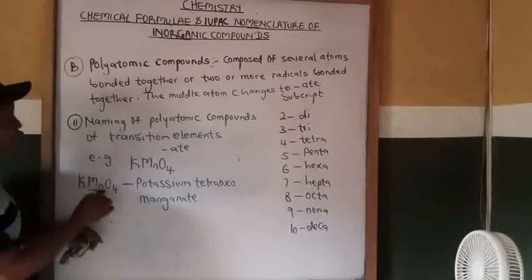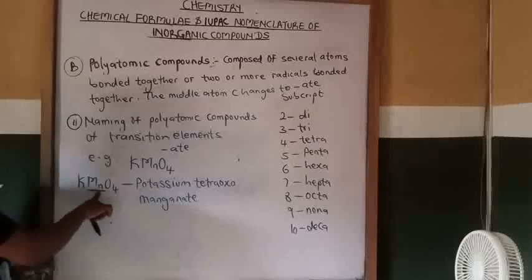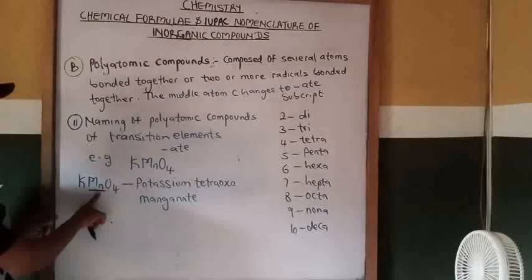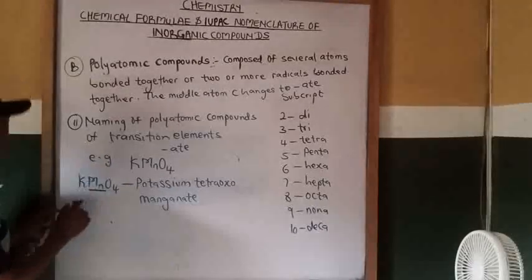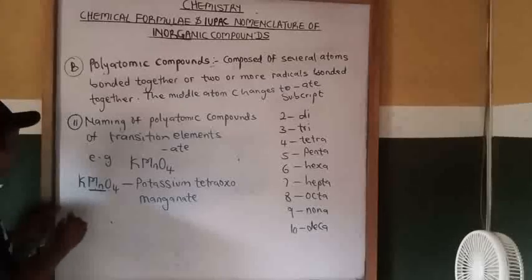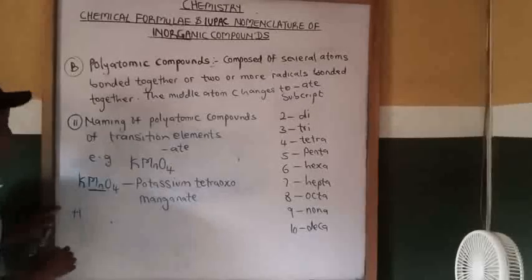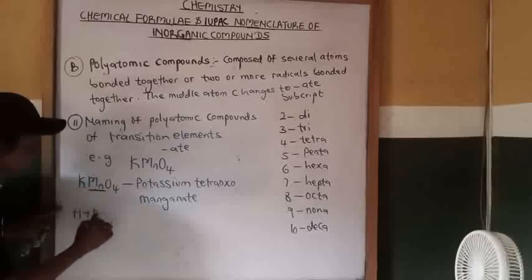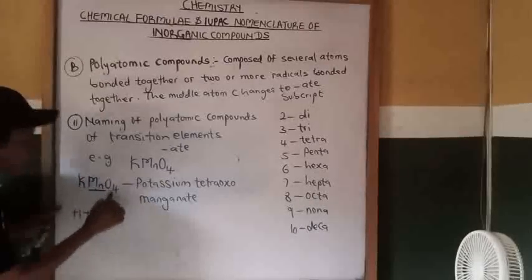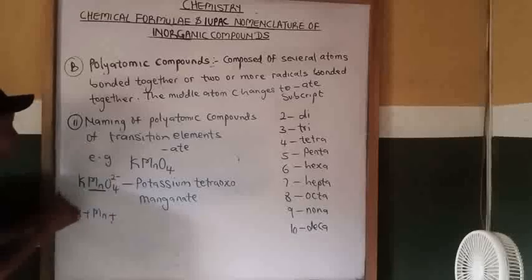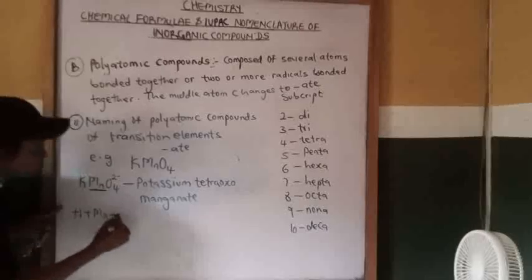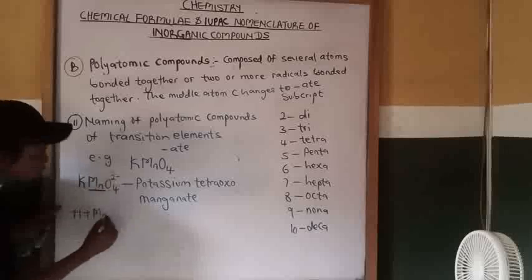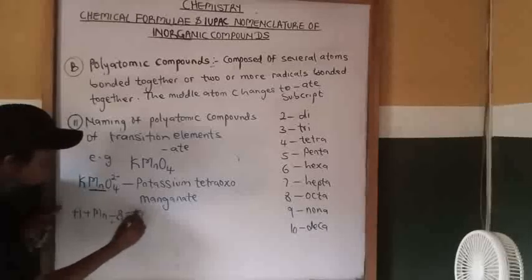Manganate what? So we have to calculate the oxidation number of manganate. The charge on potassium is +1, plus manganese, our unknown Mn, plus the charge on oxygen, which is -2. So -2 times 4 will give us -8, equal to 0.